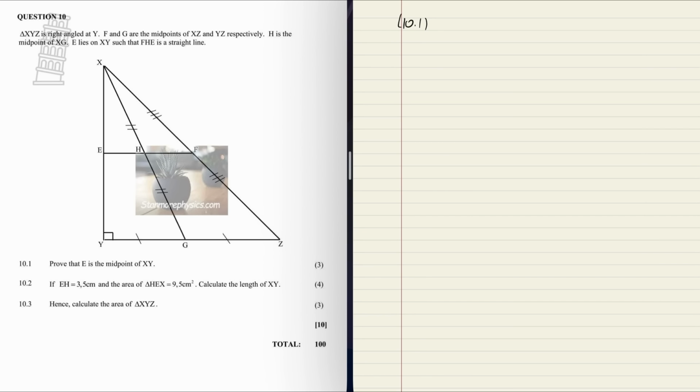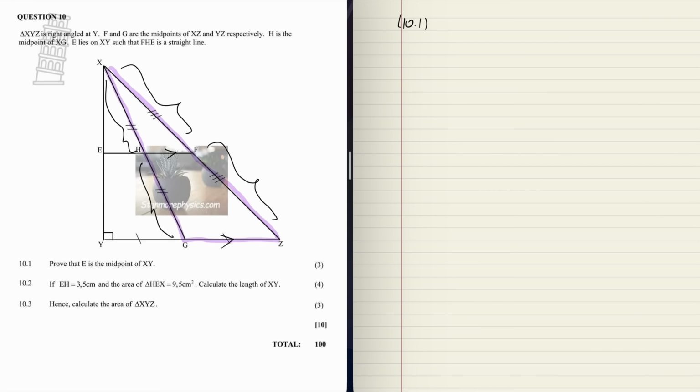So here, I think it's quite clear that we are going to need to use midpoint theorem, right? And we'll start off with this triangle right here. Now we are given that XF, so this is equal to this. And further, we are given that this is equal to this. That means that HF must be parallel to GZ, right?